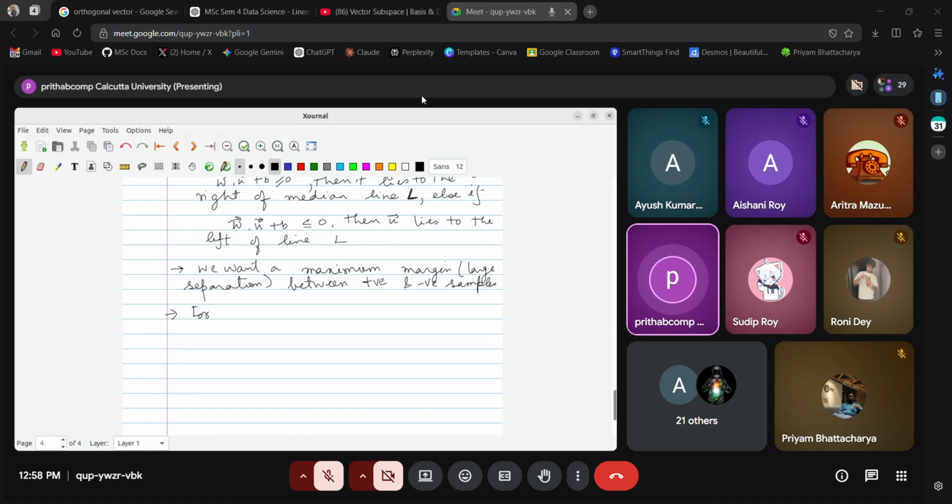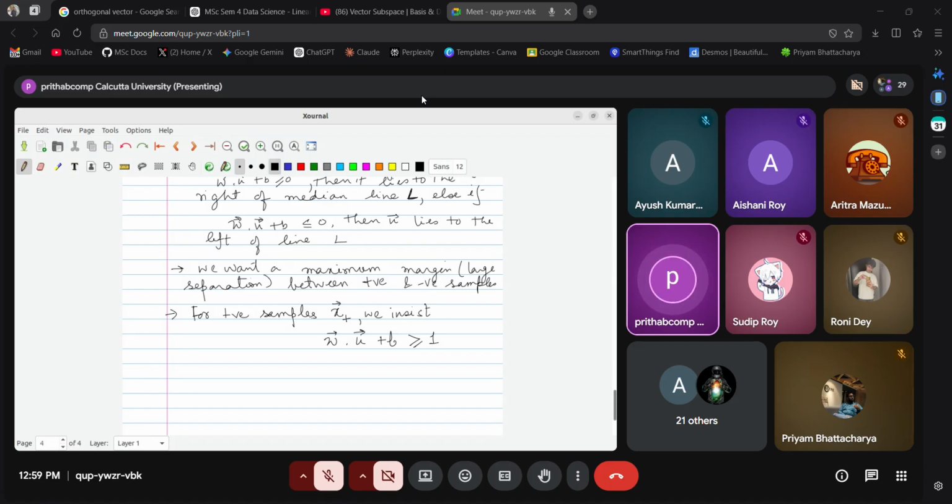For positive samples, meaning the data for which the label is positive or +1, we insist that w dot u plus b must be greater than or equal to 1.